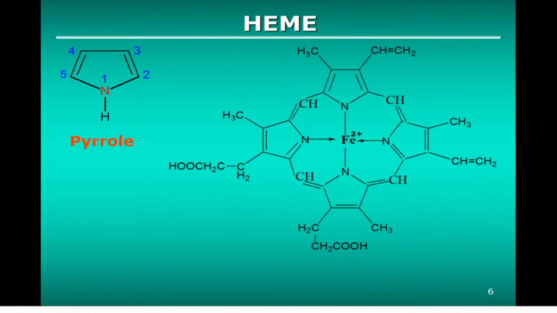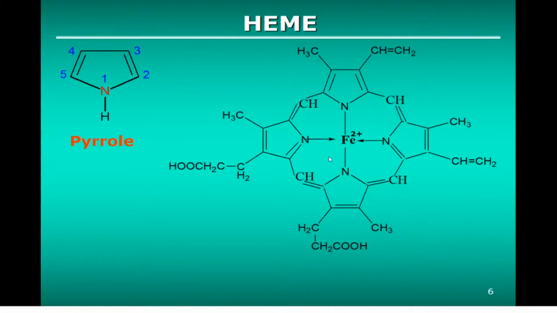So what we see here is that pyrrole is bonded with other pyrroles forming a tetrapyrrole nitrogenous base. It's a ligand, an important bioorganic ligand. Such a tetrapyrrole nitrogenous base is known as porphyrin.